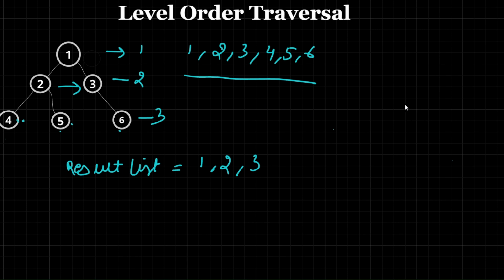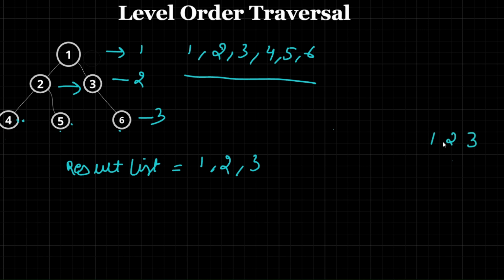So what I want is a container, any container. I want a container where first I'll push 1 into that container. After that I will push 2, after that 3.